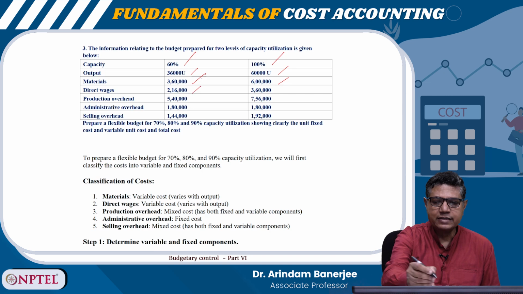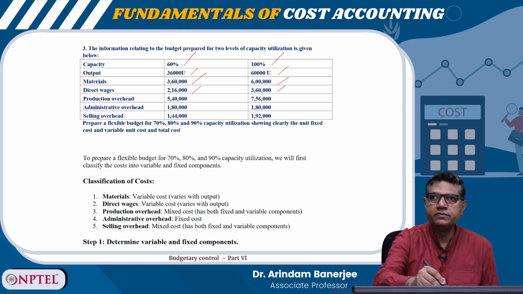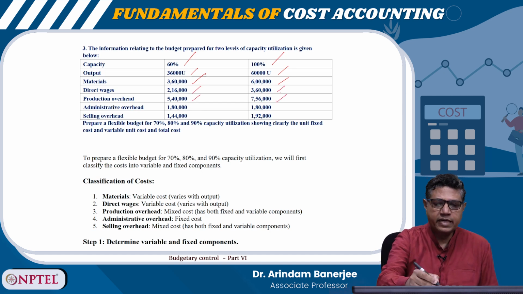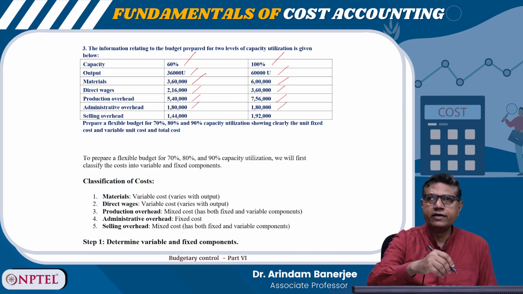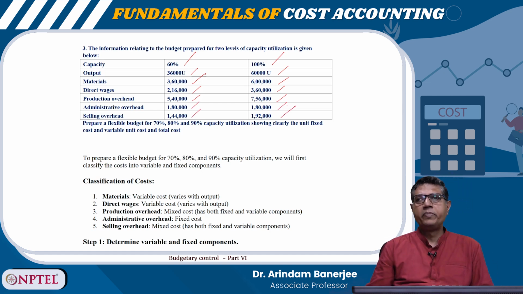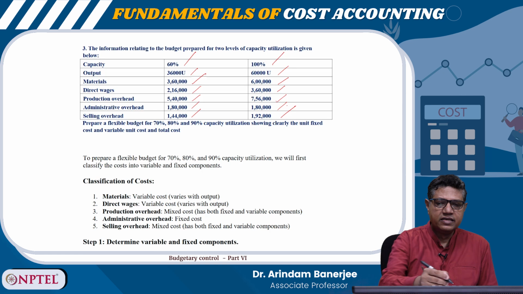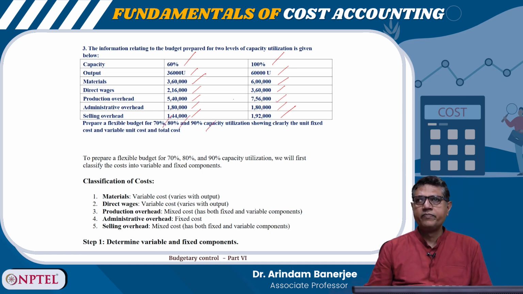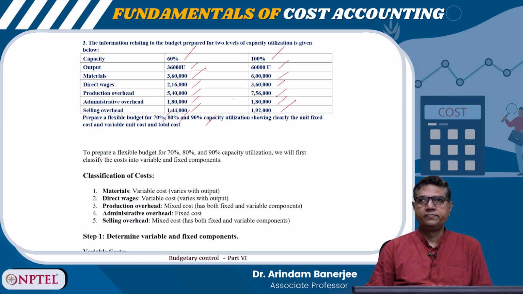Direct wages 2,16,000, 3,60,000. Production overhead 5,40,000, 7,56,000. Administrative overhead 1,80,000, 1,80,000. Selling overhead 1,44,000, 1,92,000. Prepare a flexible budget for 70%, 80% and 90% capacity utilization, showing clearly the fixed cost and variable cost and the total cost.